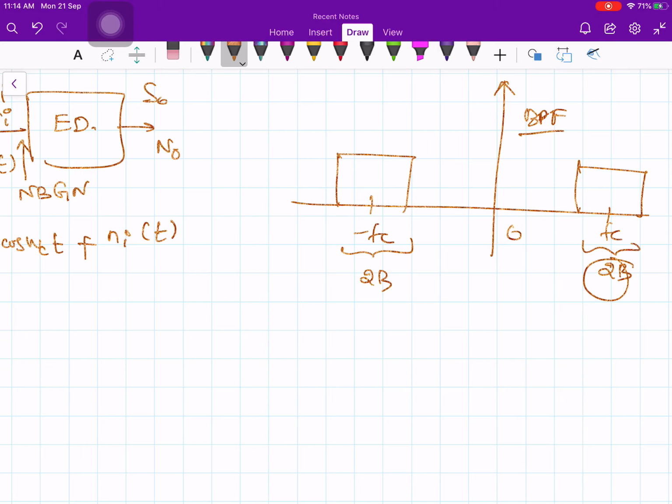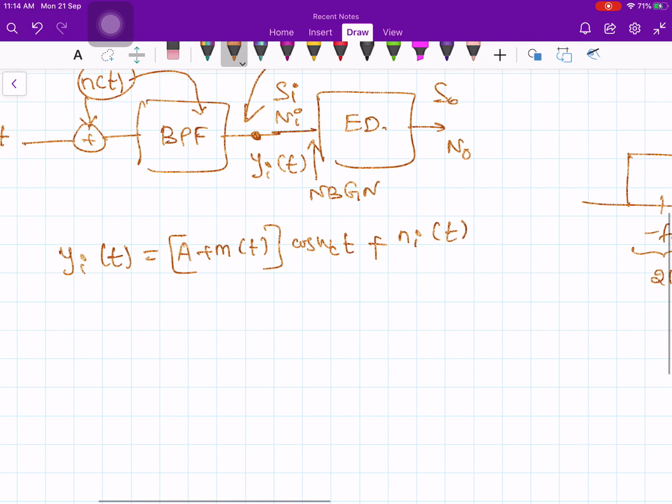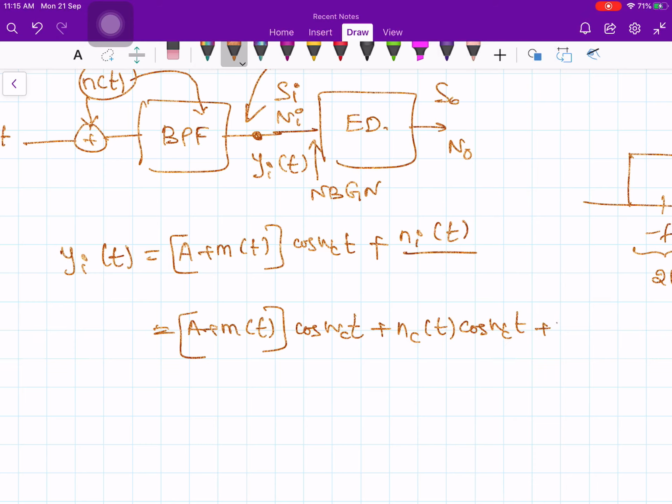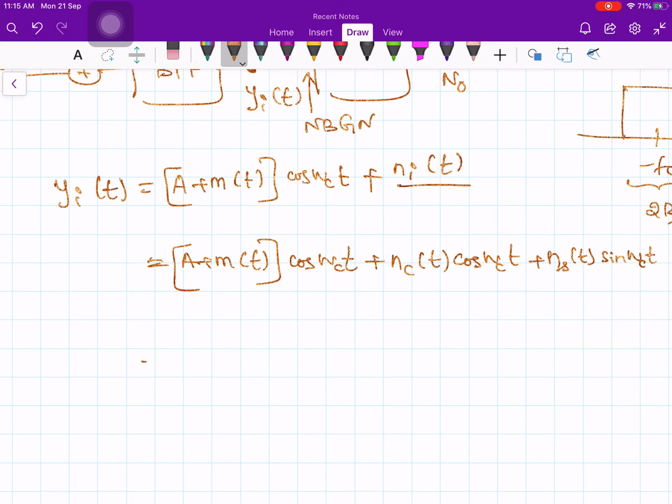So n i of t you can write in terms of the quadrature representation, that we know how to write. Let me write down now: A plus m of t multiplied by cos omega c t plus n c of t cos omega c t plus n s of t sin omega c t. Now combine the in phase components and quadrature phase components.